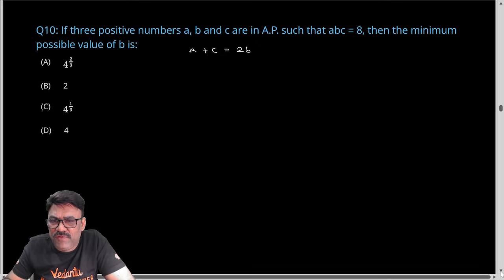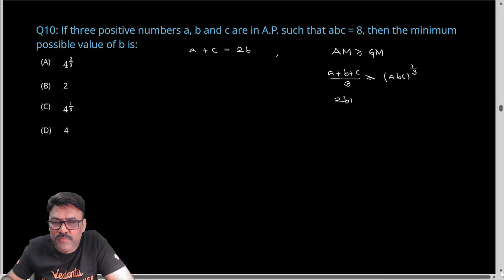Since the product is given 8 and I have to find the minimum value of B, let's use AM-GM. I can write AM greater than or equal to GM. I have three numbers A, B, C here. So the arithmetic mean will be (A plus B plus C) by 3, and the geometric mean will be (ABC) raised to 1 by 3. And I can replace A plus C is equal to 2B here.